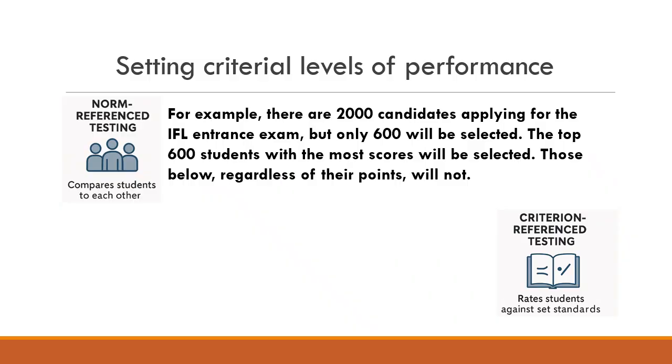That is how they compare the scores the top students get with the scores that the lower achieving students get. So if they only select 600, they will only choose the highest scores, the top 30, 40, 50%, depending on how they determine it.